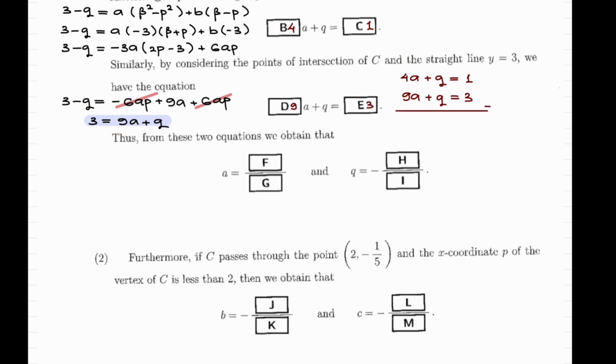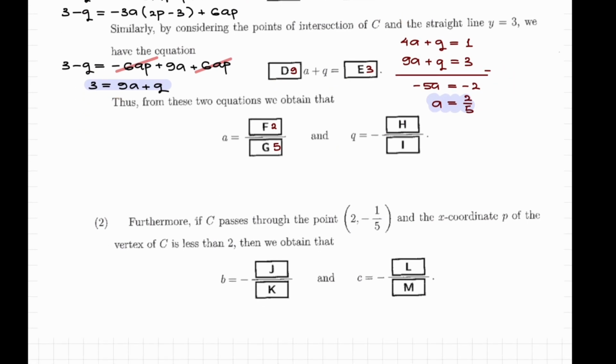I will have negative 5a equals negative 2, then a is equal to 2 over 5. You obtain a here.